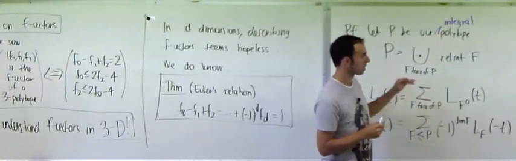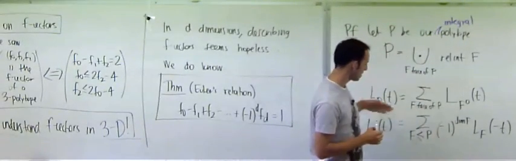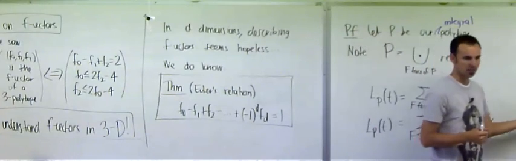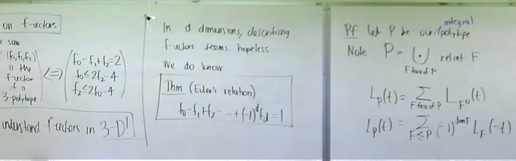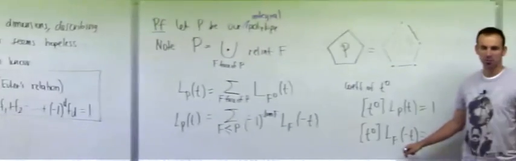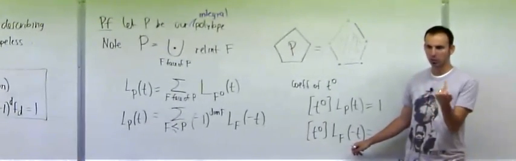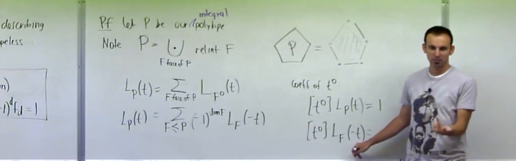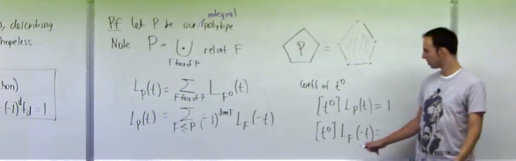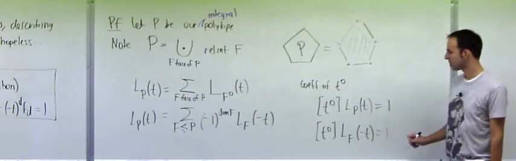Okay? But if it is, then it has an Ehrhart polynomial, and we proved that the Ehrhart polynomial has independent coefficient 1. Now, if you plug in minus t in an Ehrhart polynomial, well, if the independent coefficient is 1, if you plug in minus t, that coefficient is still going to be 1, right? So that's not going to change.